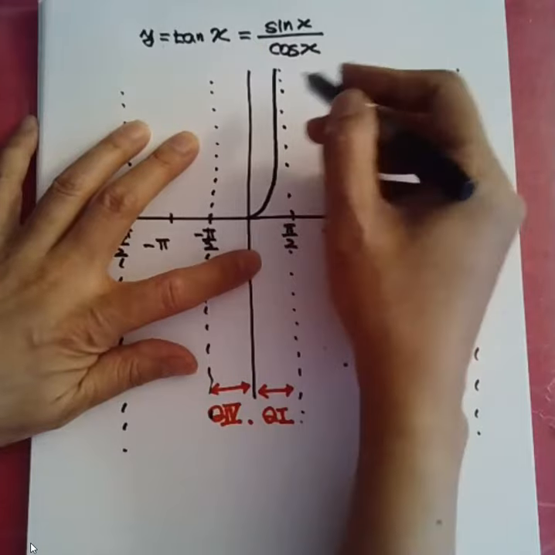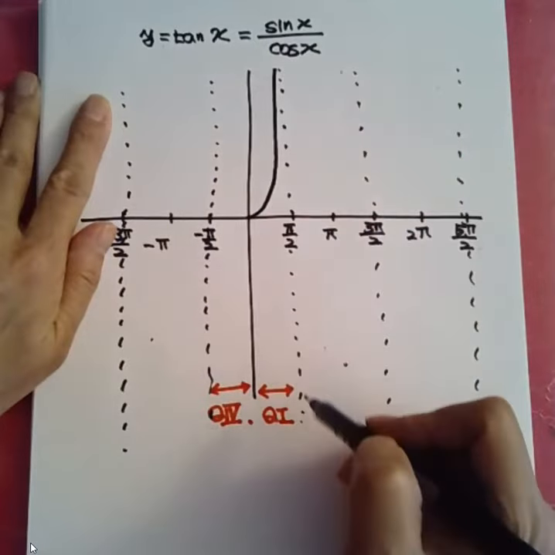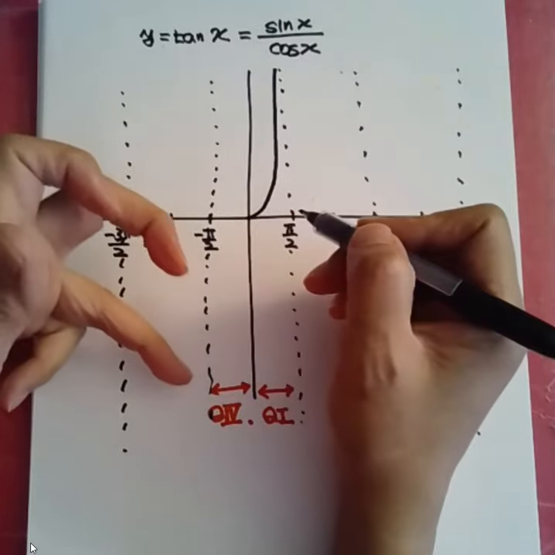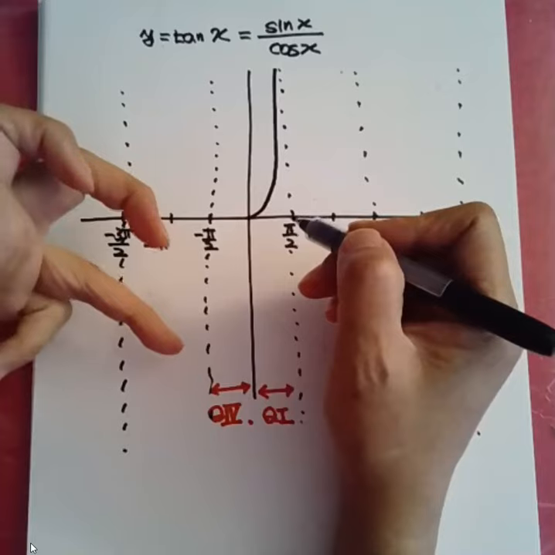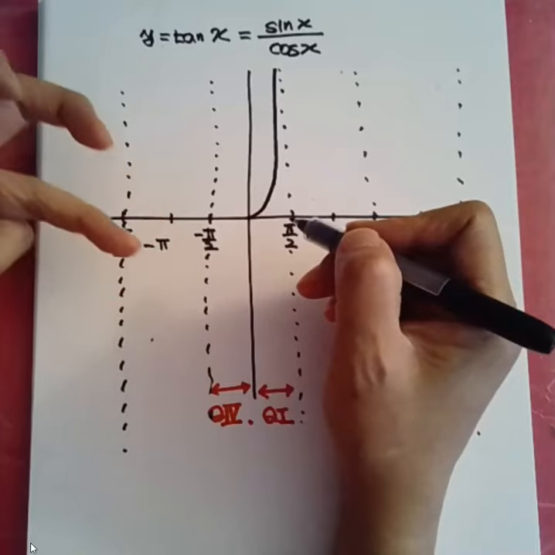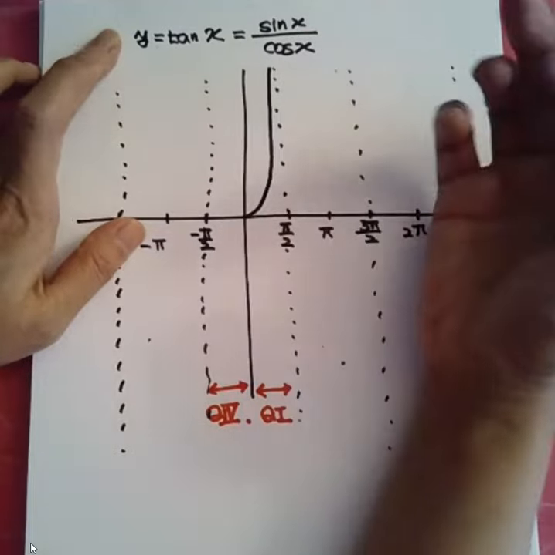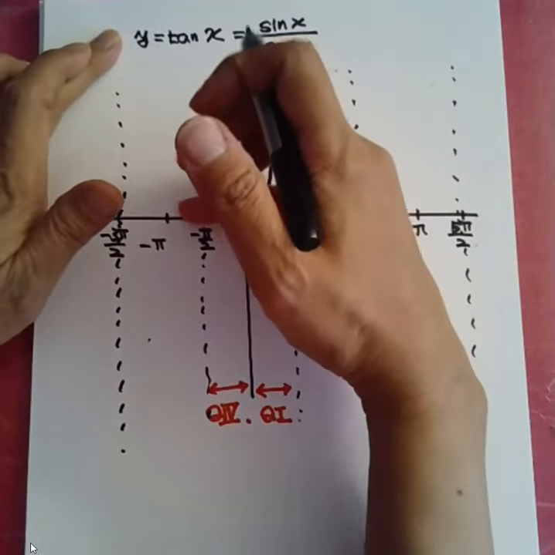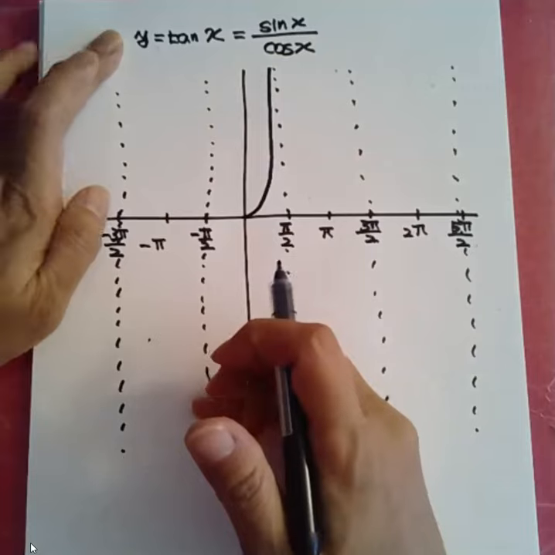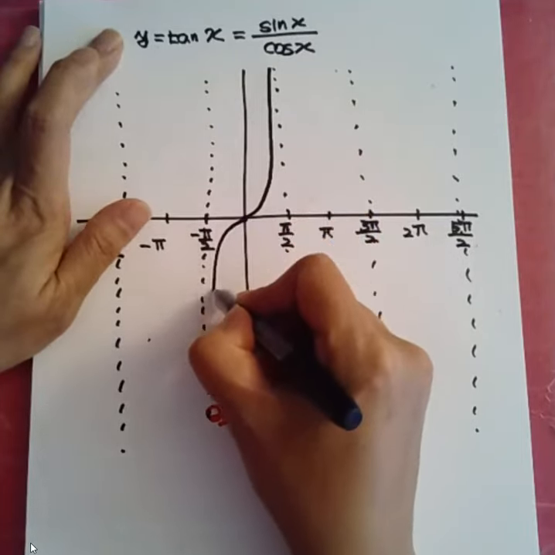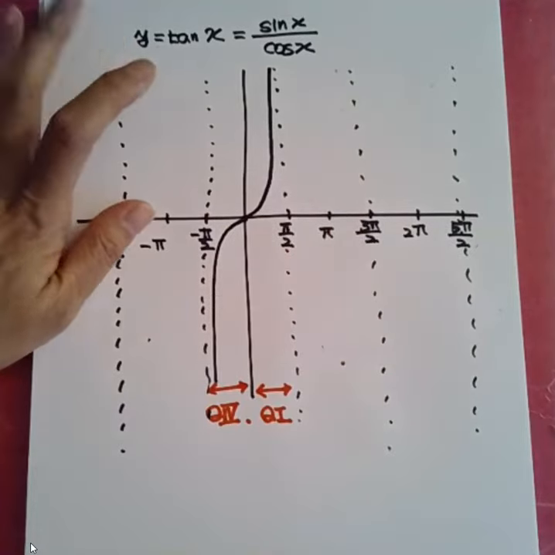The graph will get closer and closer to this vertical line, but never cross the vertical line. In the fourth quadrant, sine value is negative, so the tangent value is negative, so the entire tangent graph in the fourth quadrant will stay below the x-axis, and the same argument will happen. So this is the graph.